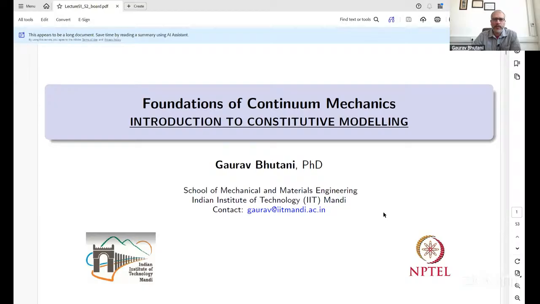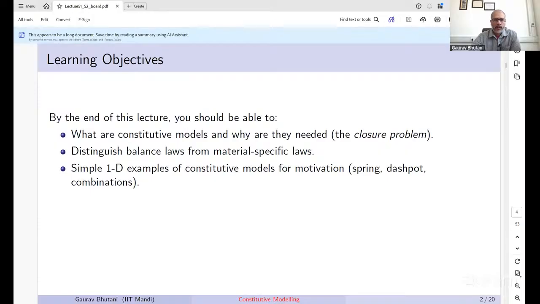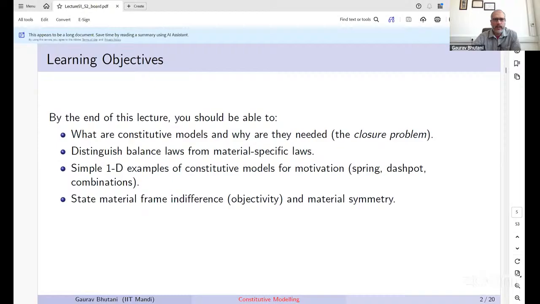So today's discussion is on constitutive modeling and also on the application of the theory of continuum mechanics to linear isotropic fluids. In constitutive modeling, the main aim of the discussion in this first lecture was on the general motivation of these models from a physical perspective as well as from a mathematical closure need.